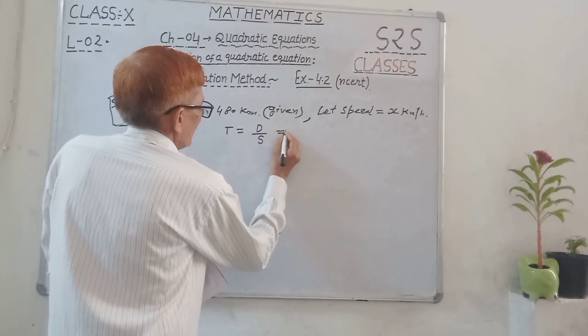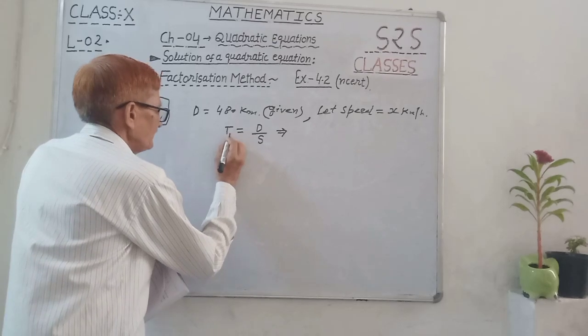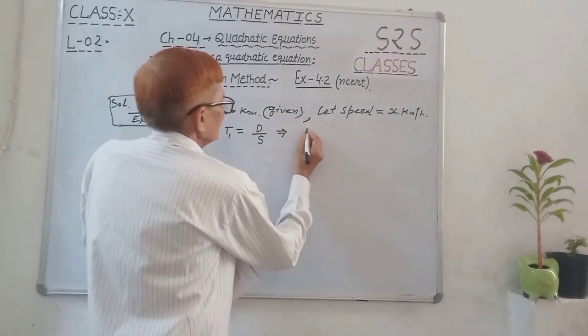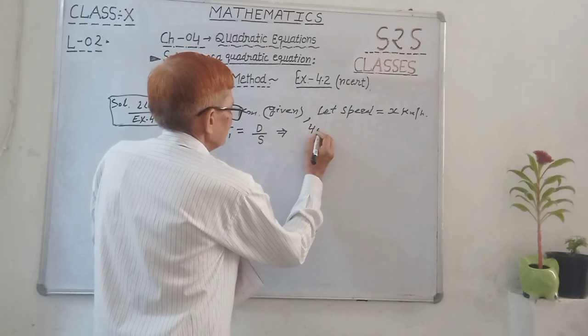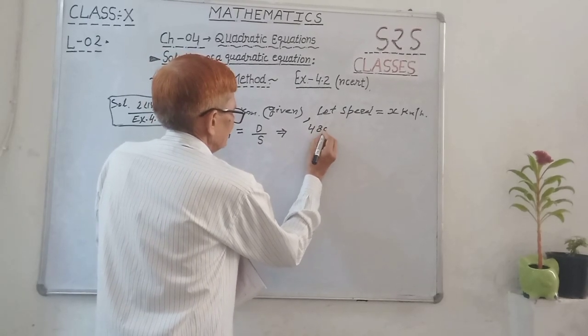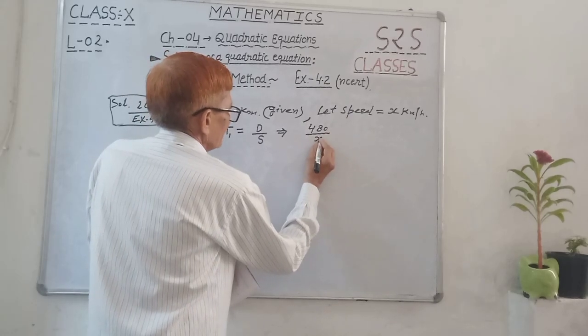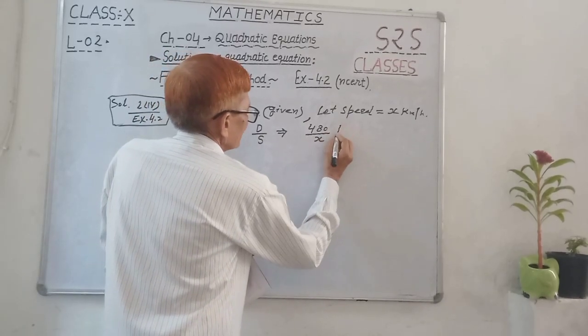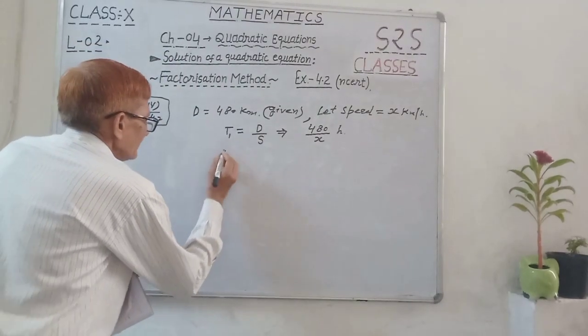Then use this formula and then find T1, time in the first journey, T1. So this is distance 480 kilometer, and speed x kilometer per hour. This is time in hours. This is our time.